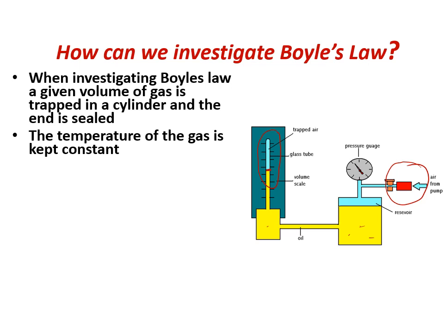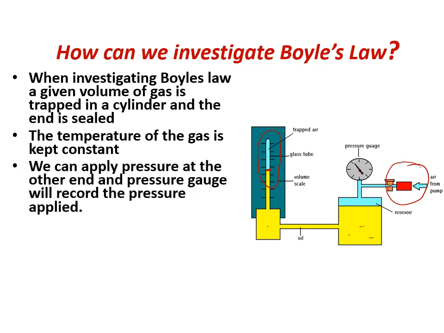A very important point, you need to keep the temperature of the gas constant. We will then apply pressure at the other end, and whatever pressure we are applying, you have a pressure gauge here. If you look at that, that will give you the value of the pressure. And as I said before, if you look at this bit in the cylinder, you will get the volume also.